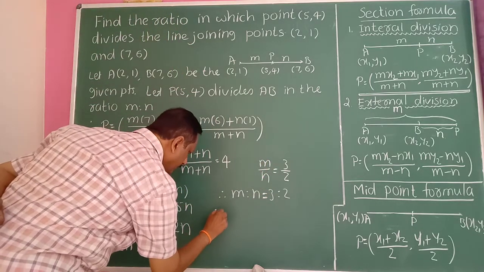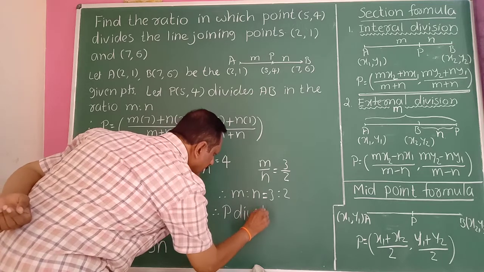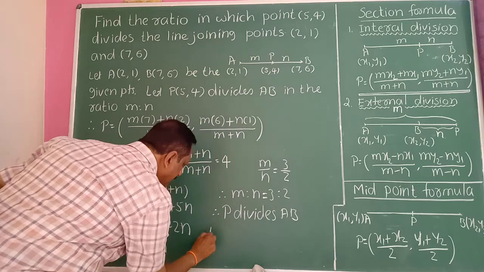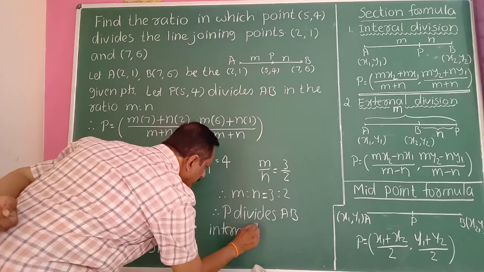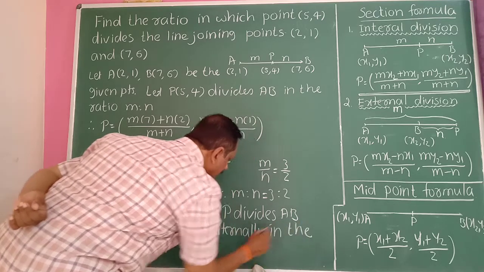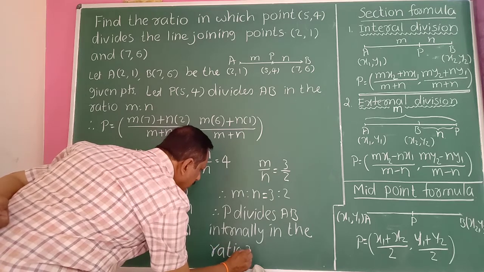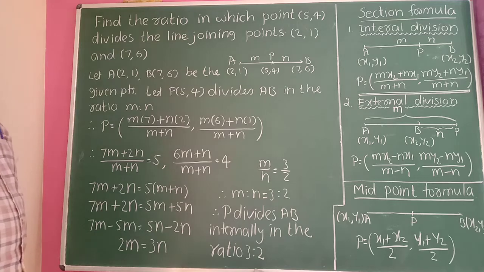Therefore P divides AB internally in the ratio 3:2 here. So this is the result here.